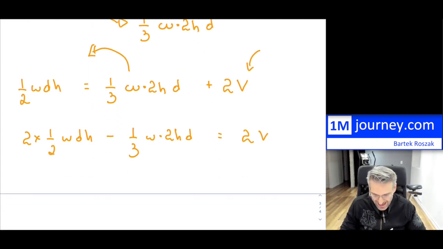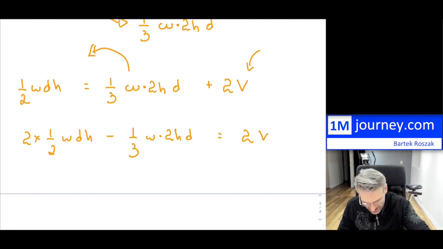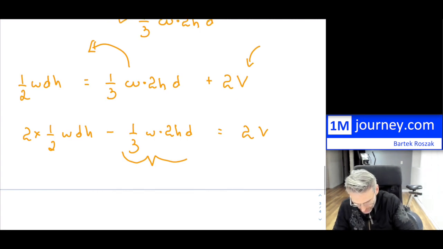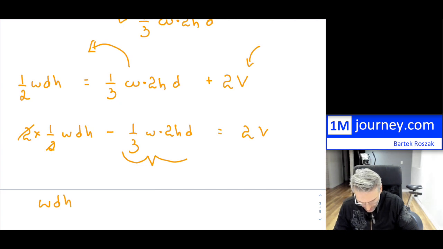So now what I would have in here is, I'm going to take this and extract the 2 out of there. So this cancels with this. This is WDH, right there.